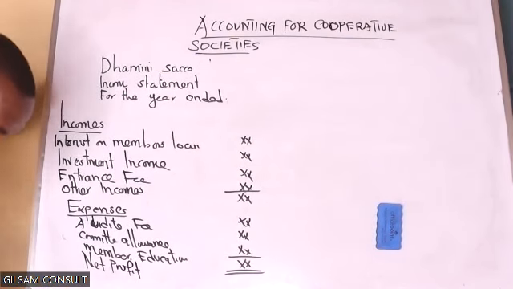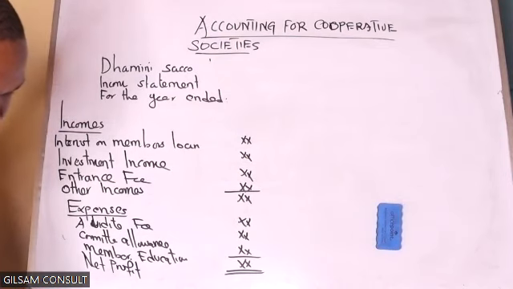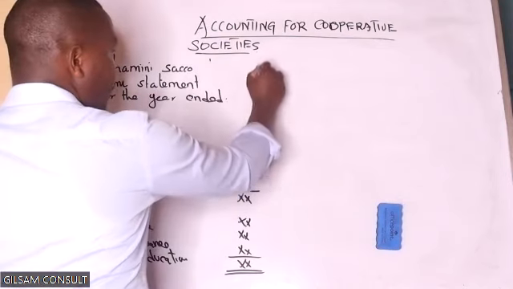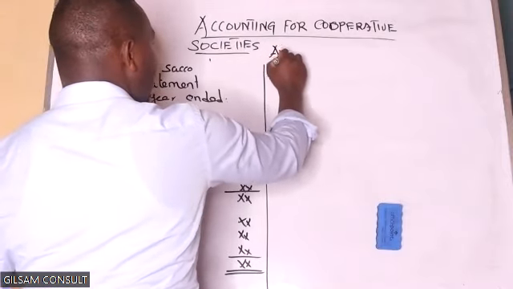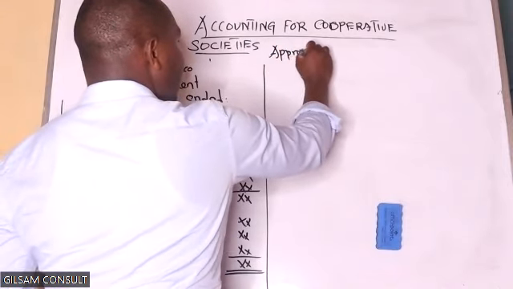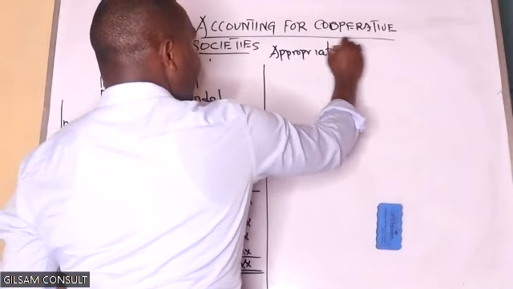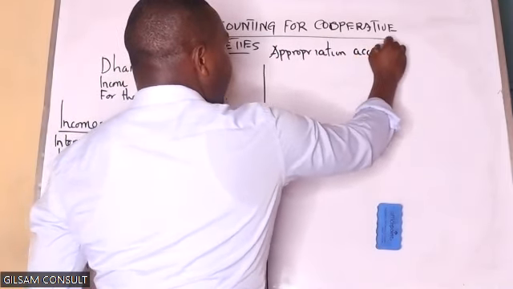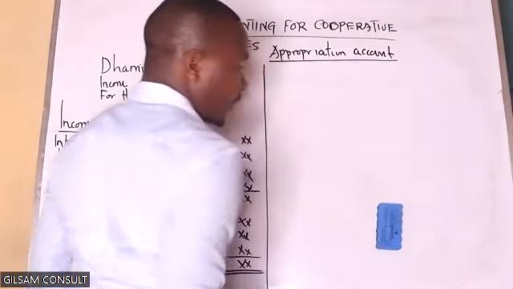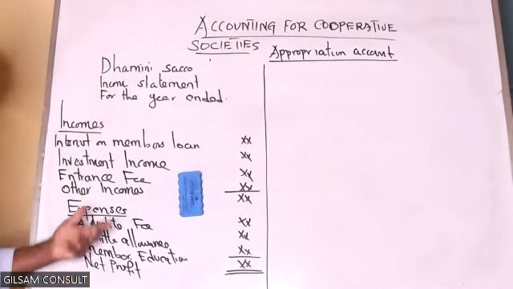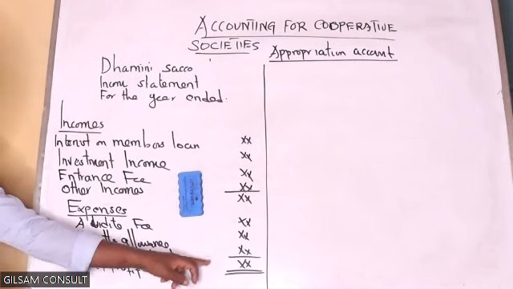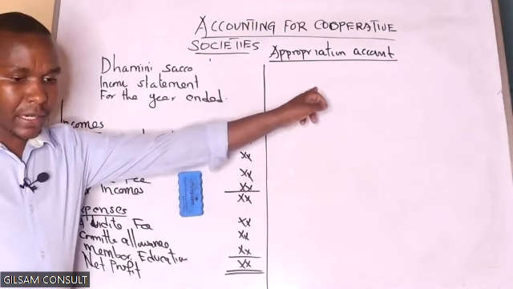So once you have the net profit, then we go to the appropriation account. So from the profit we are generating here is the one that we are appropriating.